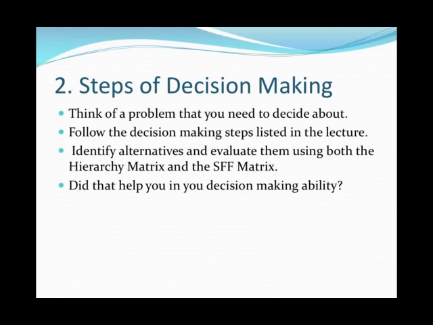Then I want you to follow the steps that we've outlined. Go through all of them just like we did in the example. Define the problem, define the objectives, do your research, and then identify the alternatives and evaluate them using both of those matrices that we talked about.